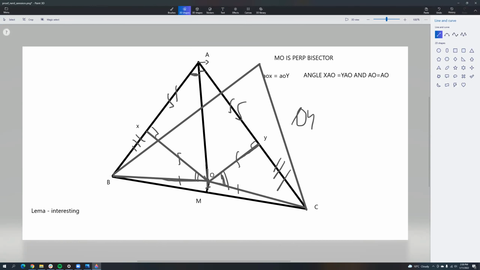Because if we do this, it's going to meet here. But it still means that the new intersection point, let's call it N, and M are the same point. Why? Because for the isosceles triangle, the bisector and the perpendicular are the same.